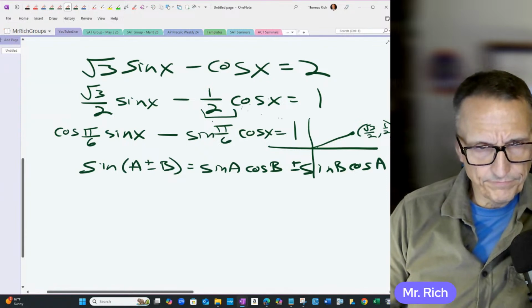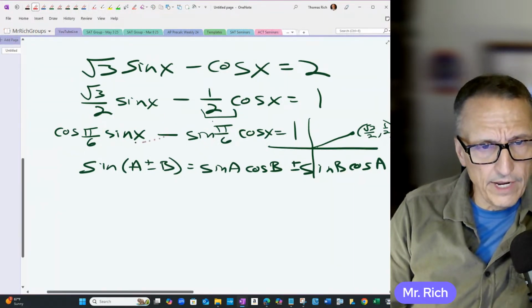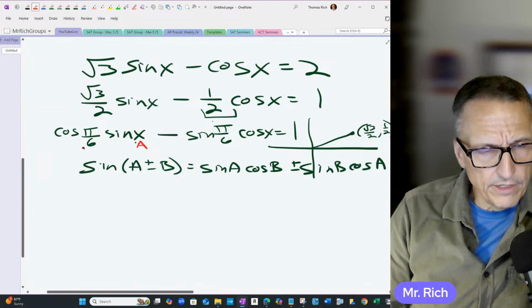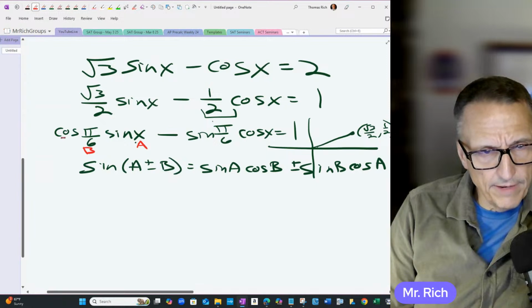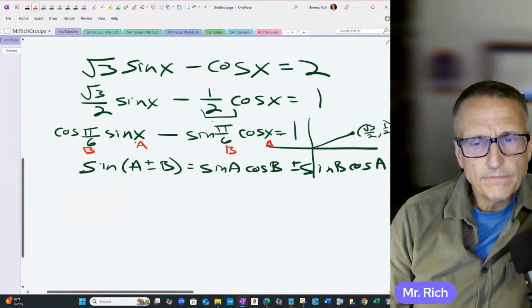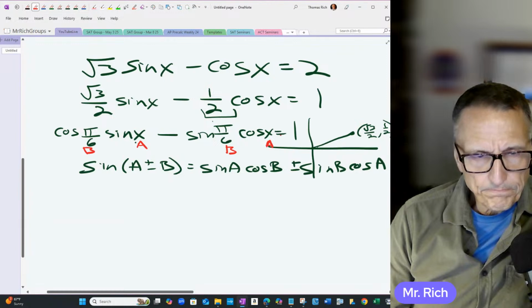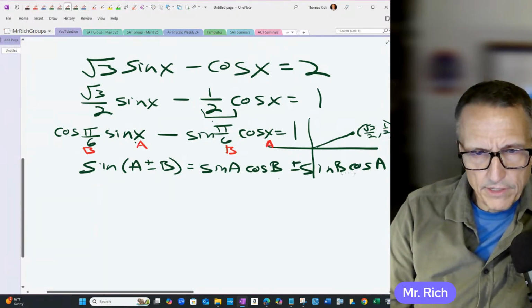For us, this would be our A, and this would be our B. So sine x times cosine pi over 6 would be A and B. And then you can see that they switch over here. That becomes the B, and that becomes the A right there. So I could rewrite this then using this formula.